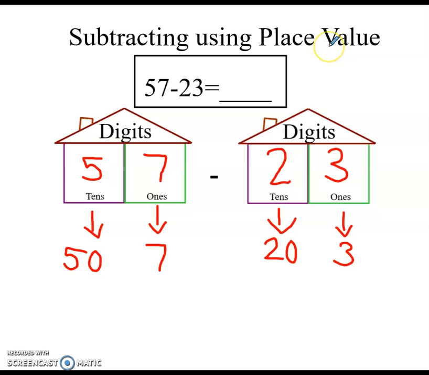it's called place value because we're going to take the place values and subtract like place values. So here we've got 50 and we're going to subtract 20. So you take the 50 and subtract 20.